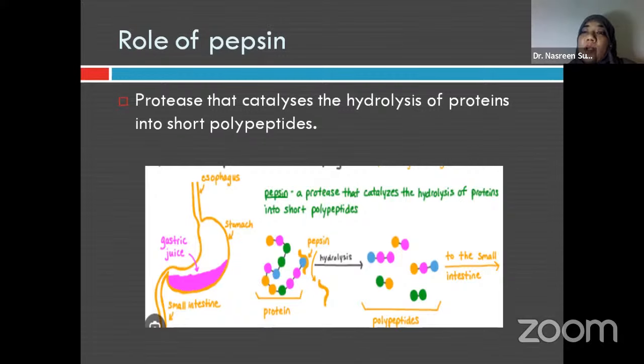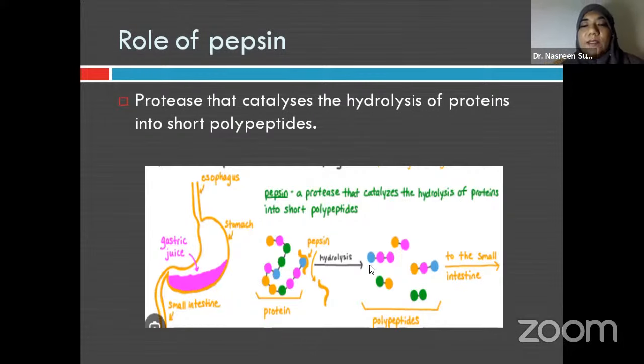Pepsin is a protease. Protease means the enzyme which acts on proteins. It catalyzes the hydrolysis of proteins into short polypeptides. So it is breaking down the proteins into short polypeptides, by hydrolysis. Catalysis means it hastens the reaction.